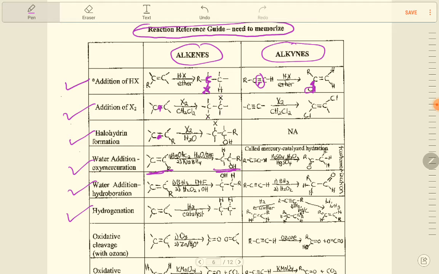Okay, see, this is hydrogenation, where H2 in the presence of a catalyst and then the double bond breaks, and then you see how this hydrogen bonds with those carbons. Oxidative cleavage, it's ozone, O3, in the presence of zinc, and you can see oxidative cleavage where this C double bond breaks, and C double bond O, a ketone group, forms.